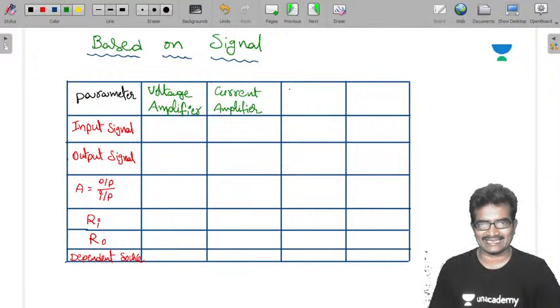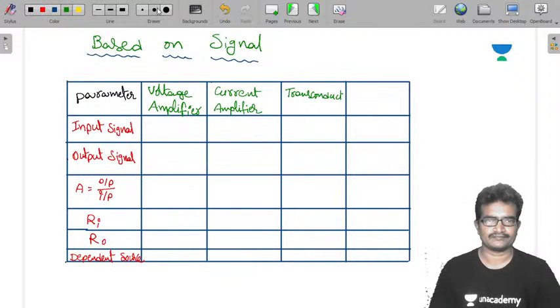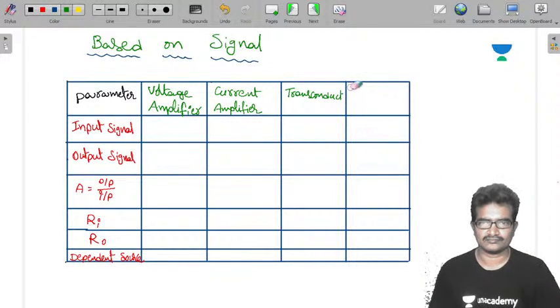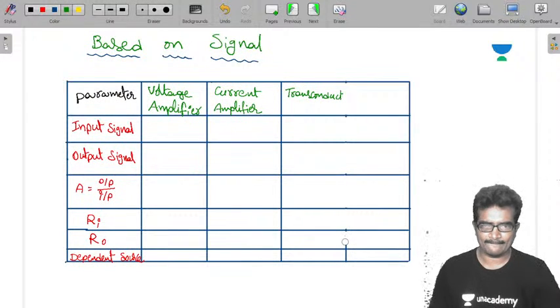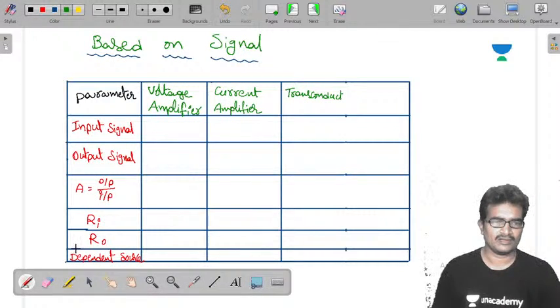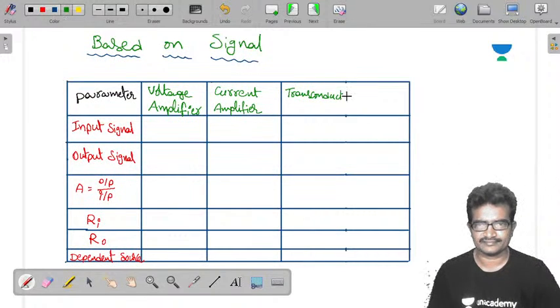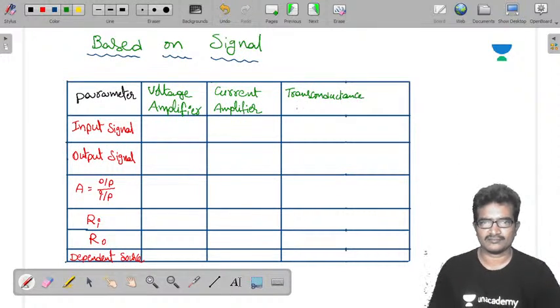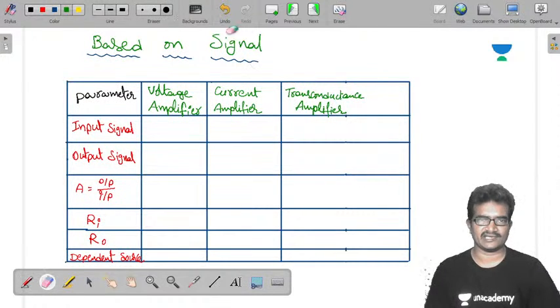The third one is the transconductance amplifier. And the last one is the transresistance amplifier.